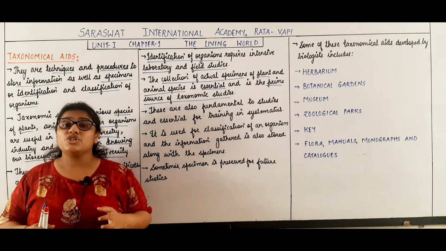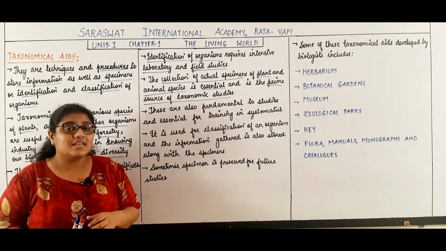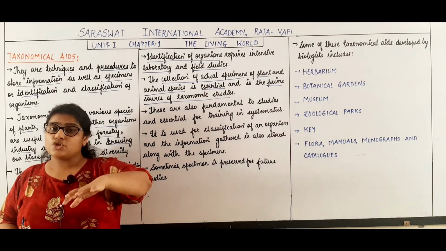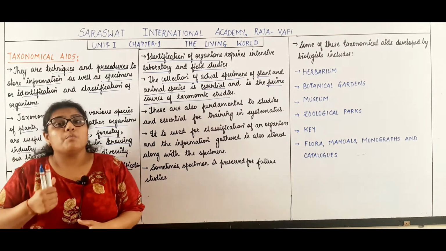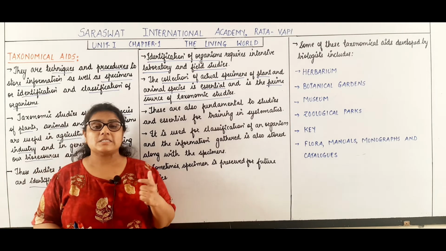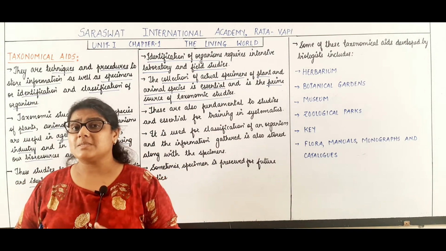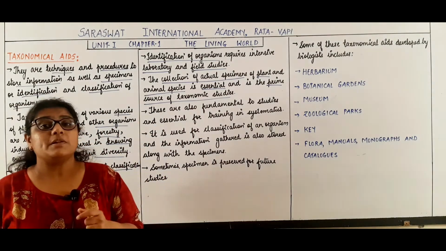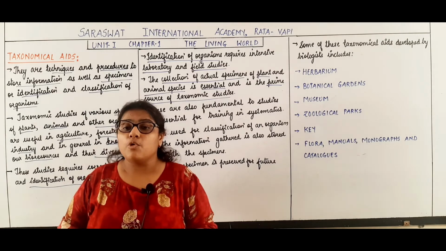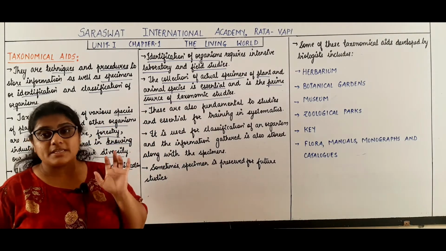The collection of the actual specimens of the plants and animals, that is, they should be collected in their actual forms. That is the most important basis of the taxonomic studies.